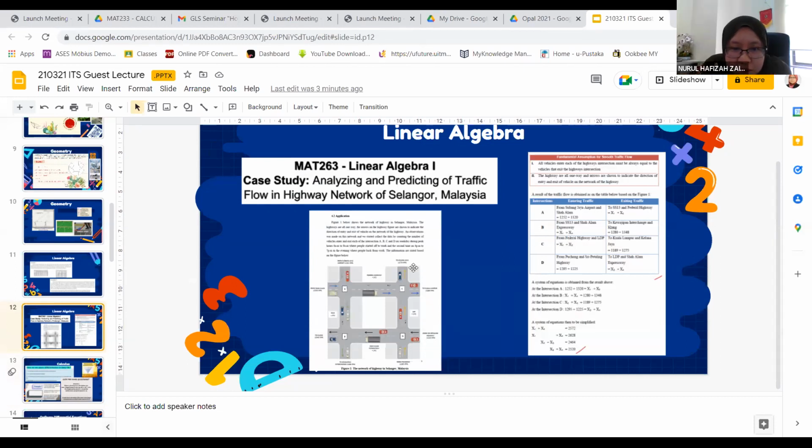I think they just put a value there, because they are just undergraduate students and we don't expect them to get real data. We just want them to know how to apply what they learn in a real case. Because we don't teach about traffic in class, just the equations, how to calculate the system of linear equations and so on.